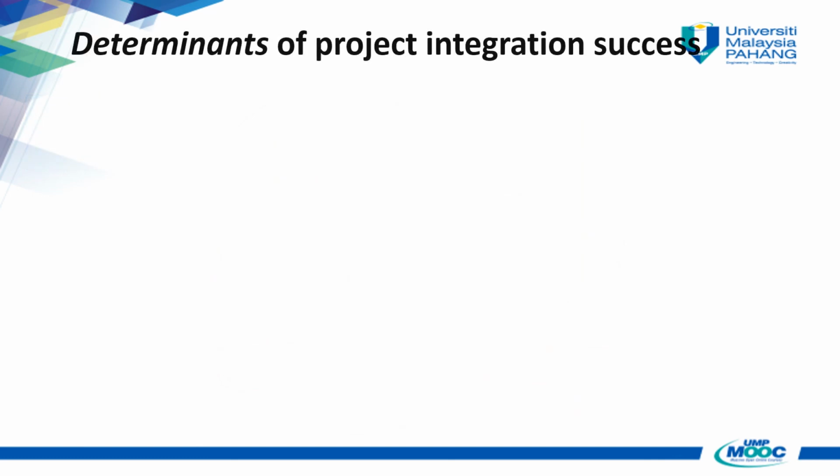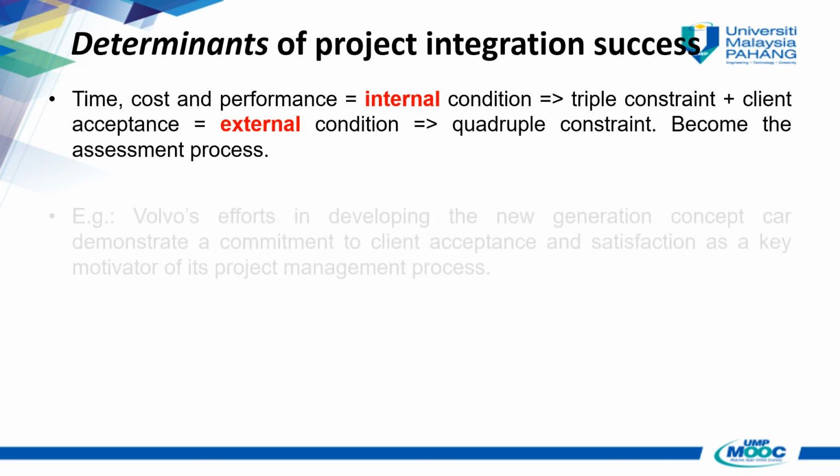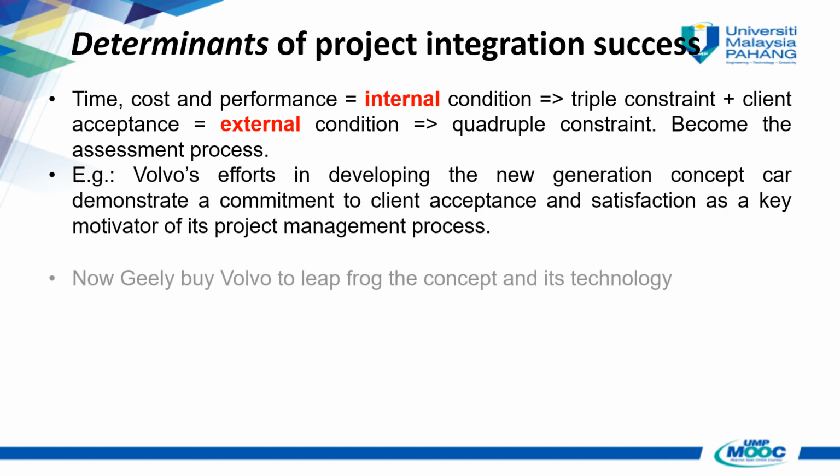Okay, the determinants of project integration success. Let's see. Time, cost, and performance will become the internal conditions. However, if we add more spice to this, it will become triple constraint plus client acceptance. Then it will become what we call the external condition.